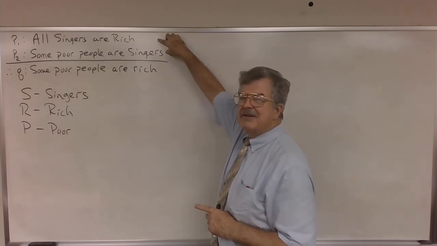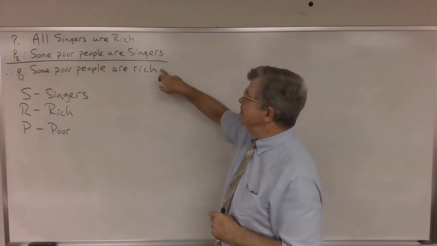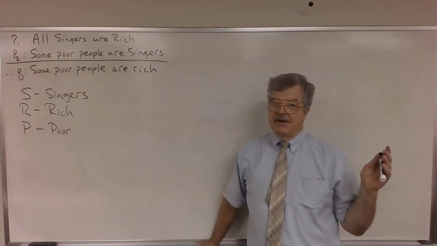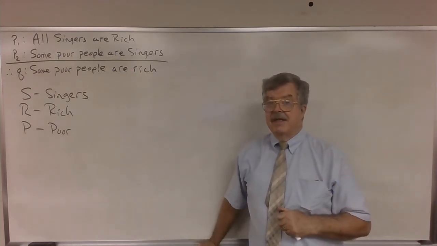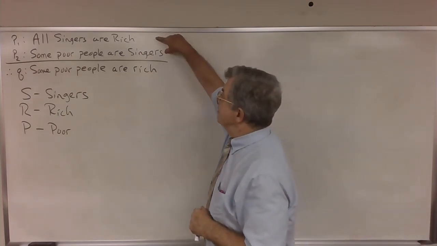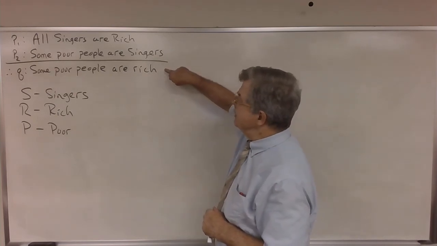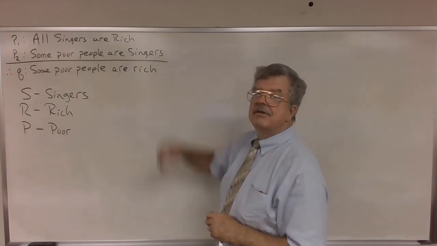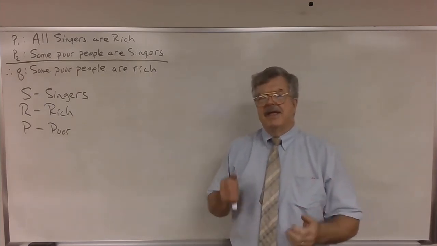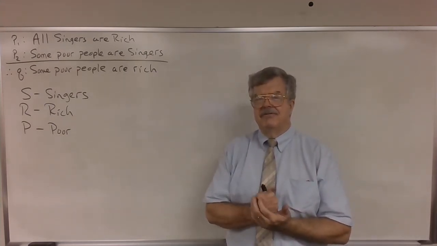But we try to do it in such a way that the conclusion will be false. If we can do that, then the argument is invalid. If we can't do that, if we draw the premises so that they're true, and that forces us to draw the conclusion such that it's true, it means that the argument is valid.